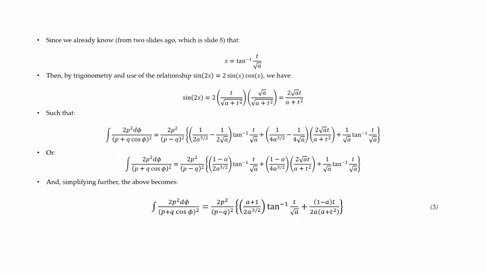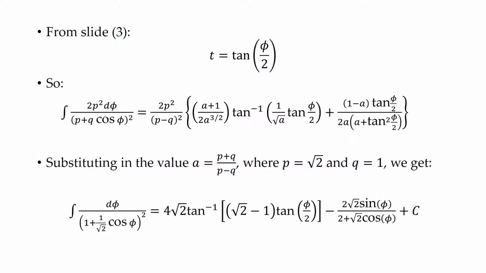in equation 3 below. From slide 3, we now resubstitute t is equal to the tangent of phi over 2, and after further manipulation of the algebra, and after reinserting our actual values for both p and q, we obtain the following particular solution in terms of both the inverse tangent, the tangent, and sine and cosine functions.